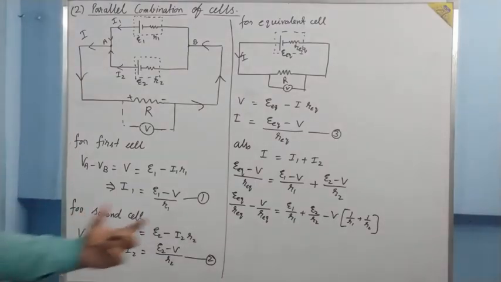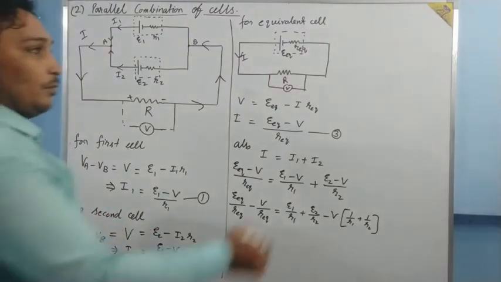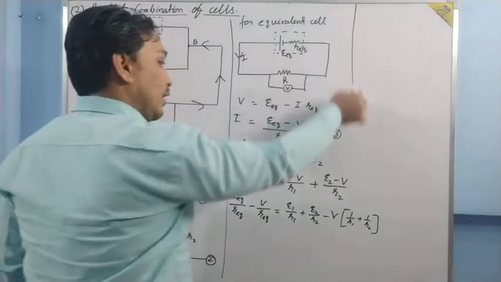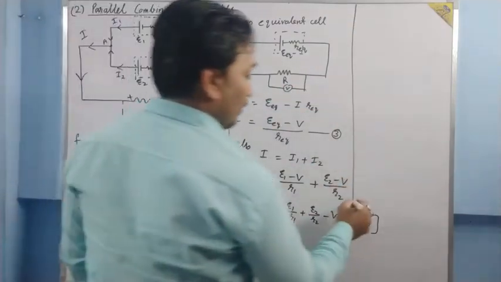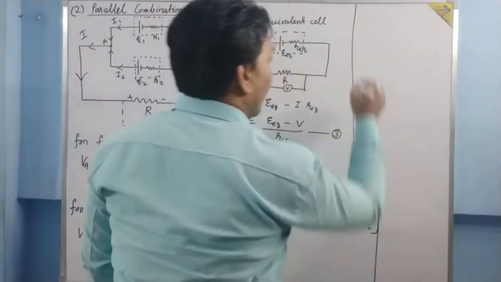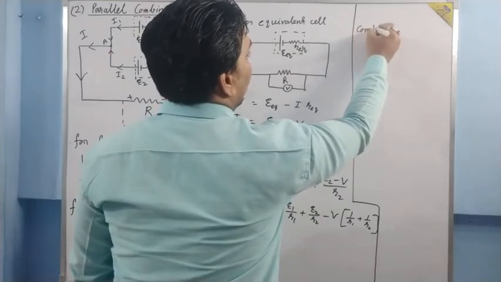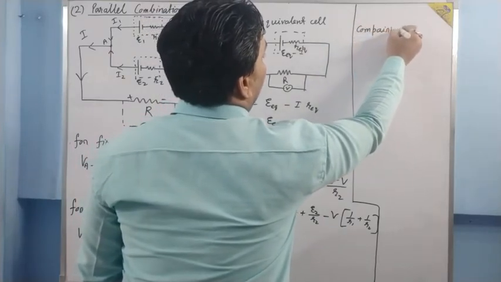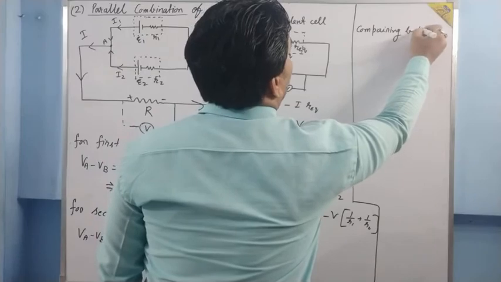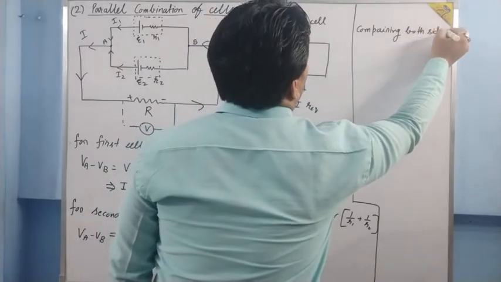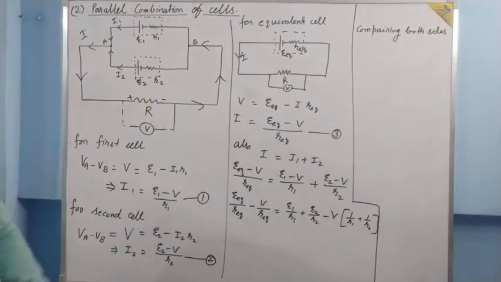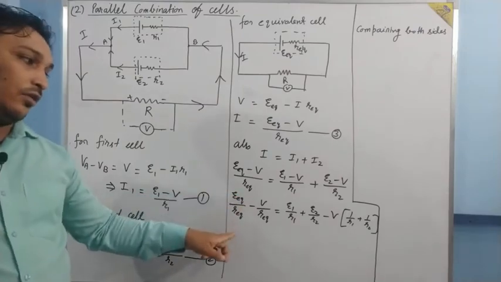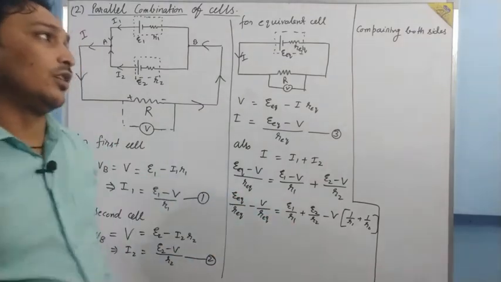Now just compare both sides. In place of E equivalent upon R equivalent, it is E1 upon R1 plus E2 upon R2.